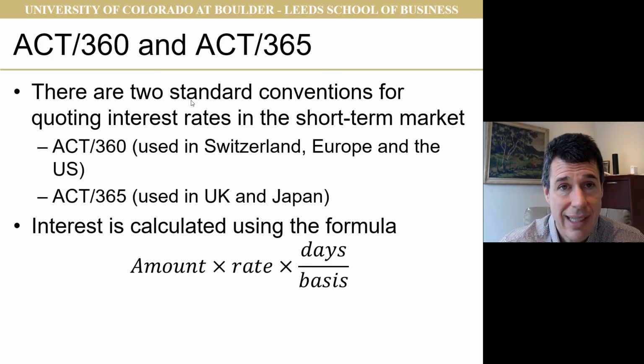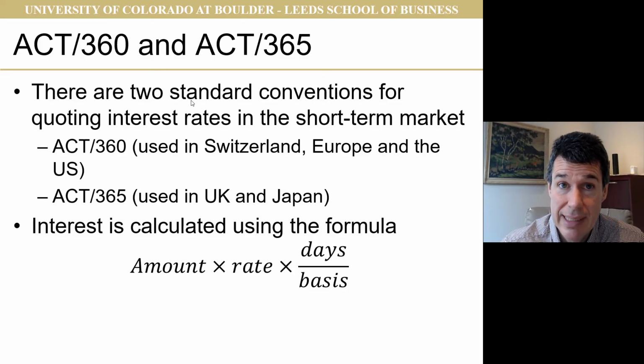360 in the United States comes from the Treasury bill market. The Treasury bill market was created, I think, in the 1920s. And my guess as to why the United States chose to use 360 days in a year as opposed to 365 was that it was a little bit easier to work with on a slide rule or something like that.